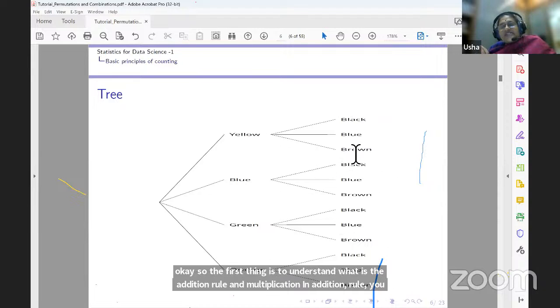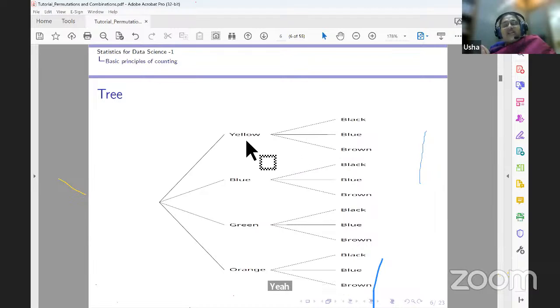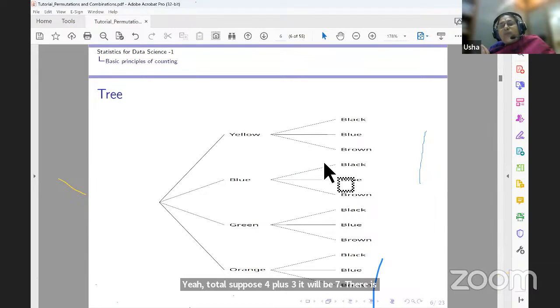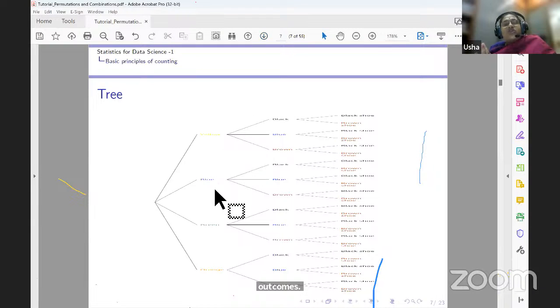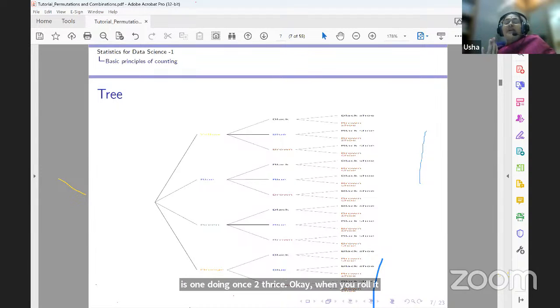Suppose 4 plus 3, it will be 7. Whereas in the multiplication rule, you multiply the number of outcomes. This can be extended many times: once, twice, thrice. When you roll the dice simultaneously, it is 36.